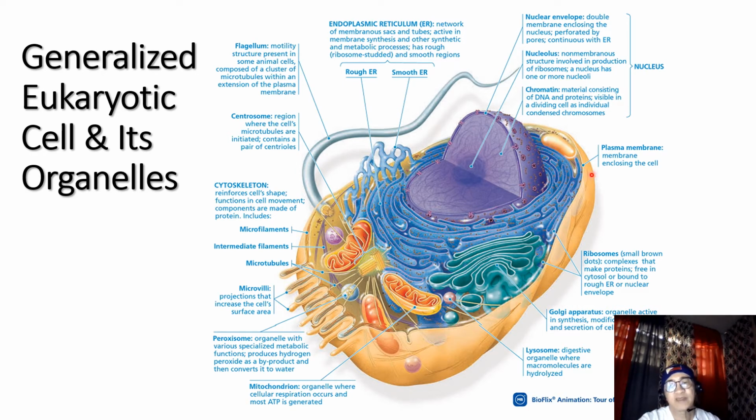The plasma membrane can also form specialized junctions with adjacent cells, forming intercellular junctions. There are also enzymes in the plasma membrane, formed by proteins, that participate in metabolism. So the plasma membrane can also serve in metabolism.